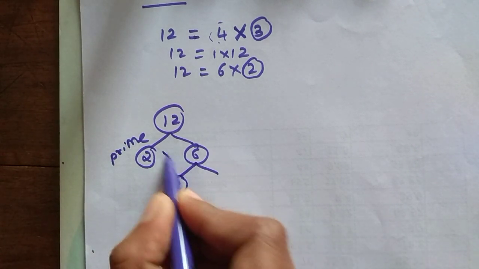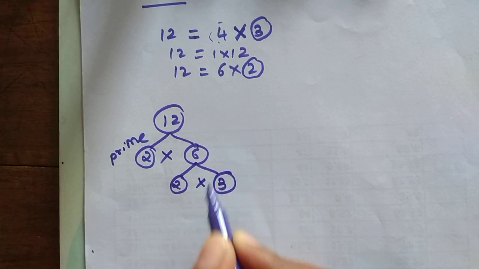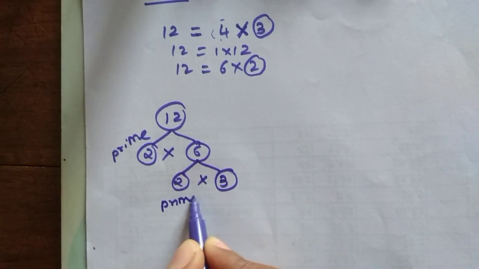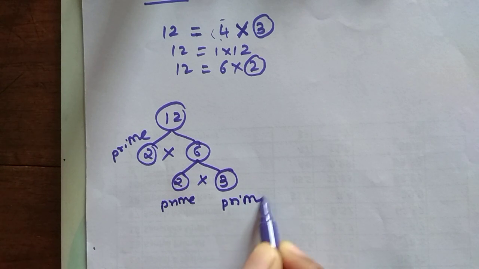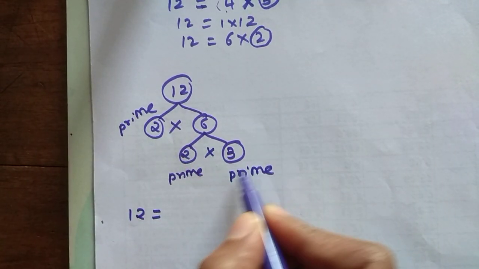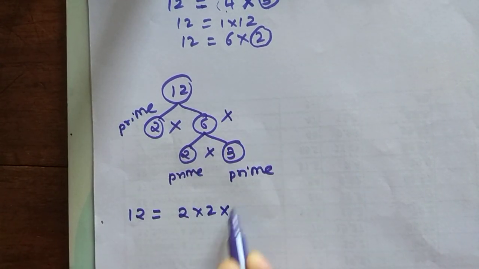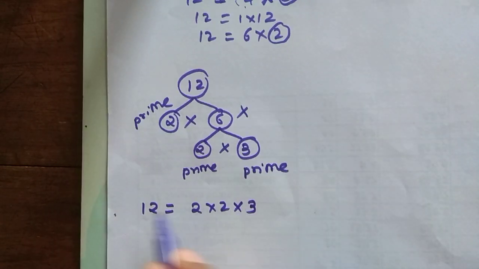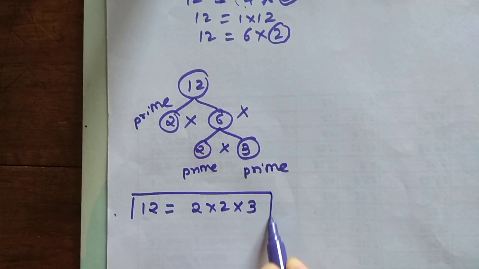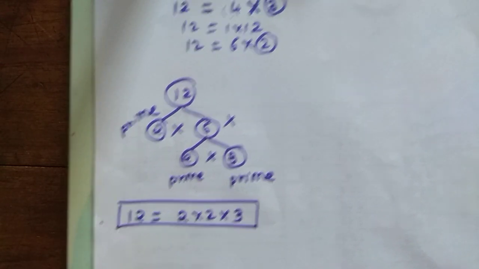Here 2 into 3 is 6. Here also a prime number, here also a prime number, so stop. Now see how I write 12. Only take prime numbers, skip this 6. 2 into 2 into 3 is 12. This is called prime factorization, when we write any number as a product of only prime factors.